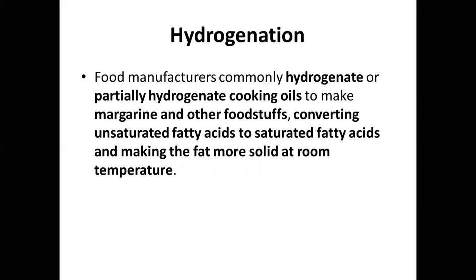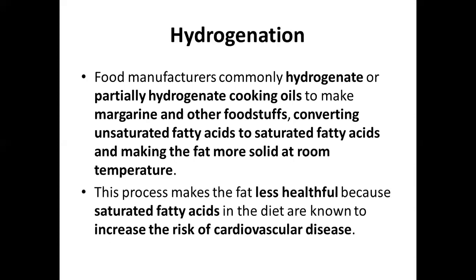And henceforth, we find that these are made to be more solid at room temperature. So in the industry, the conversion of unsaturated fat acid to saturated fat acids can be done.